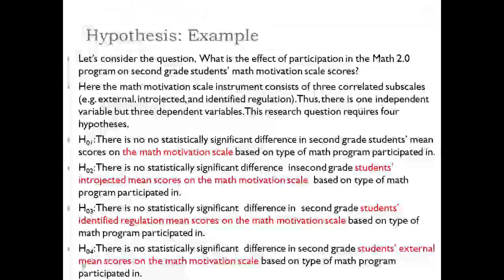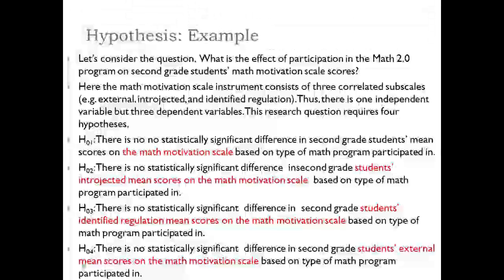Another way to write that would be there will be no difference in the linear combination of students' scores on the external, introjected, and identified regulation subscales based on the type of math program they participated in. So actually naming all 3 dependent variables. Since this is one scale, it's also acceptable just to identify the scale.